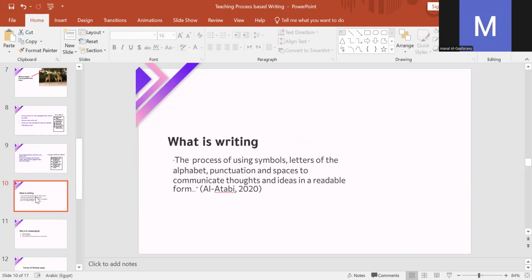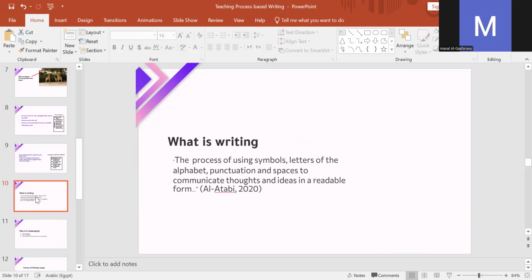And actually, this definition is kind of reflecting what writing is. It is a process. So if my interest is in teaching students the skill of writing, it will be challenging for them to write a text in one shot, because as you can see, writing is a process.